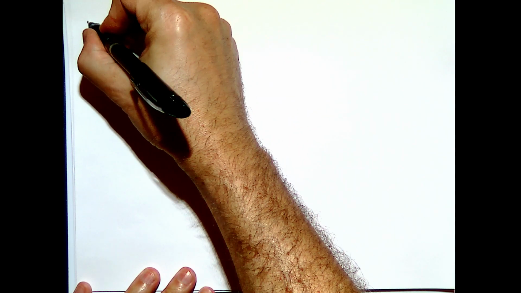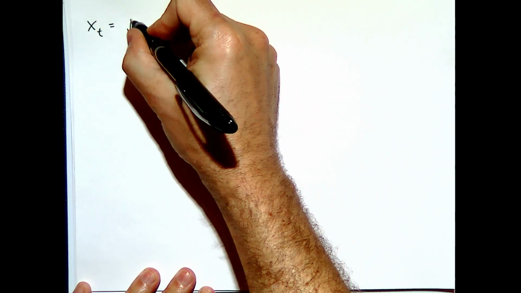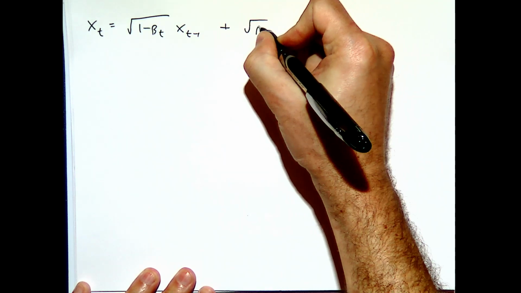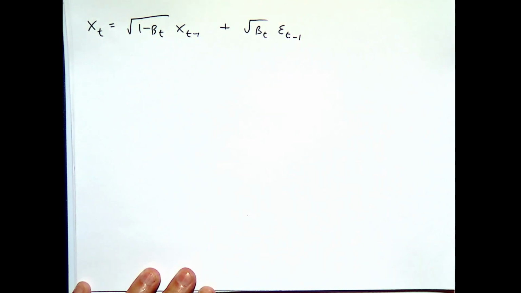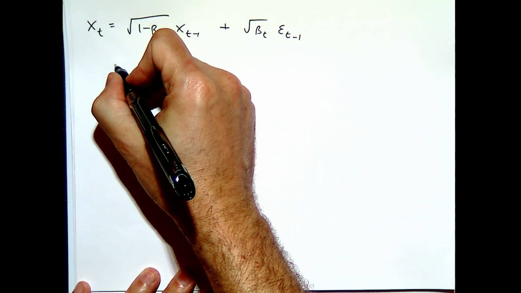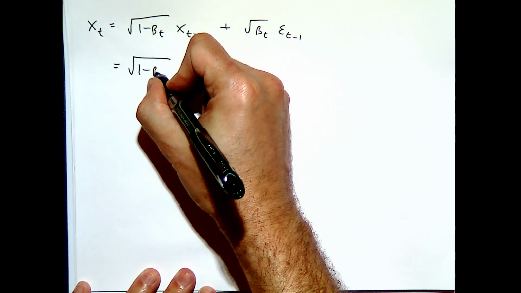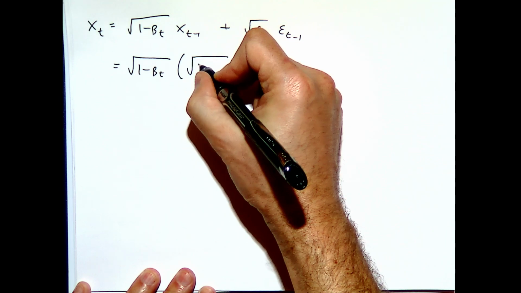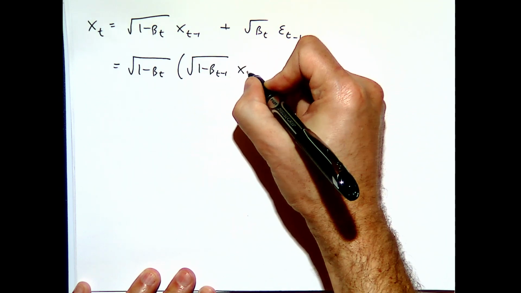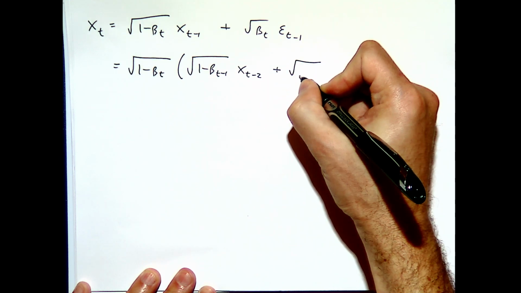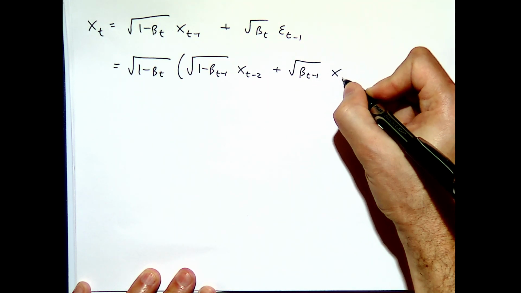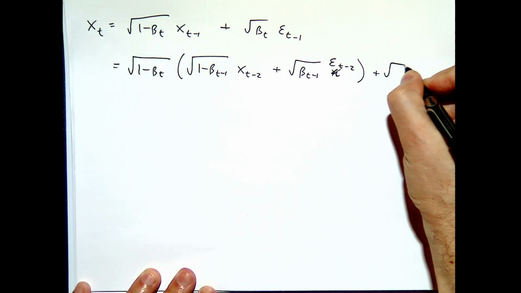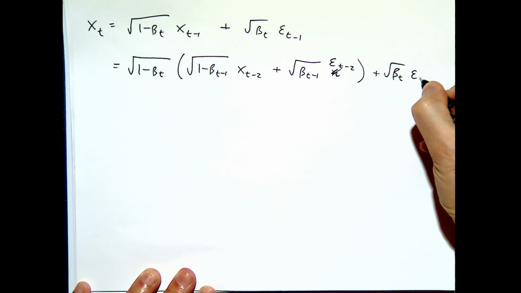If I say x of t is equal to this fraction of what went before plus some noise, and now I expand this out, since this itself was actually the previous step, epsilon of t minus 2 plus this thing, epsilon of t minus 1.